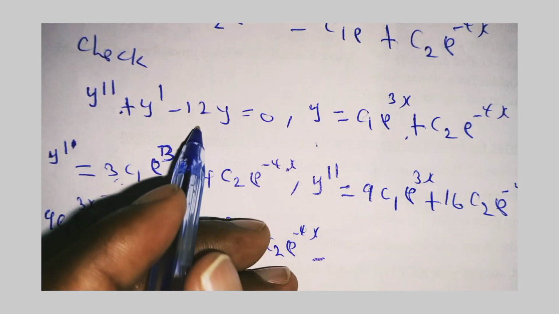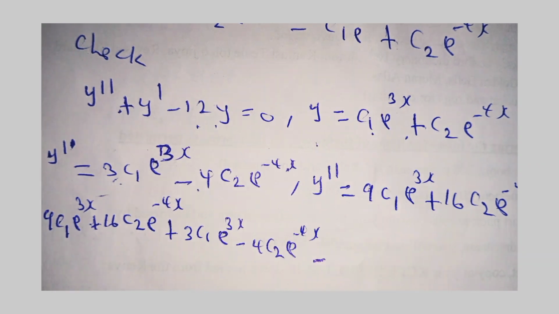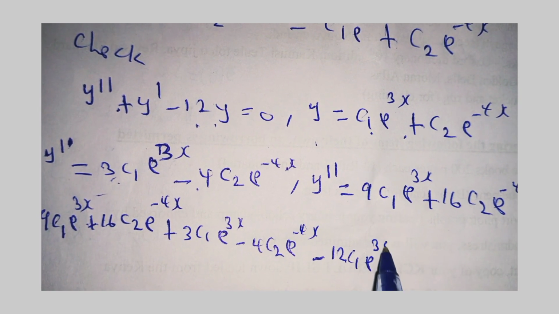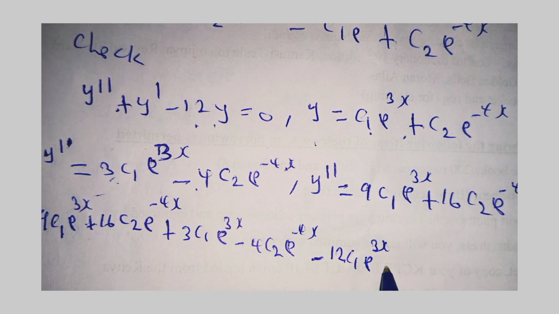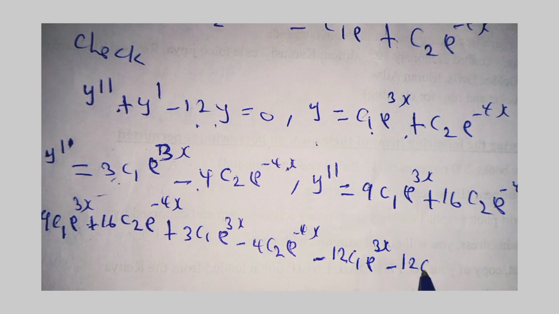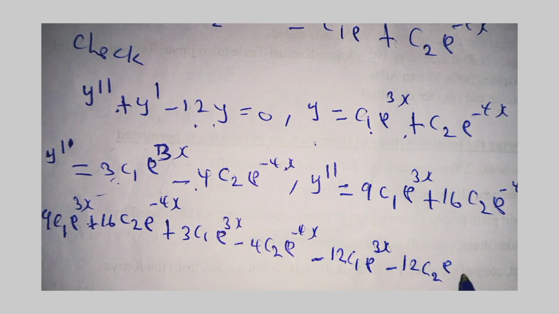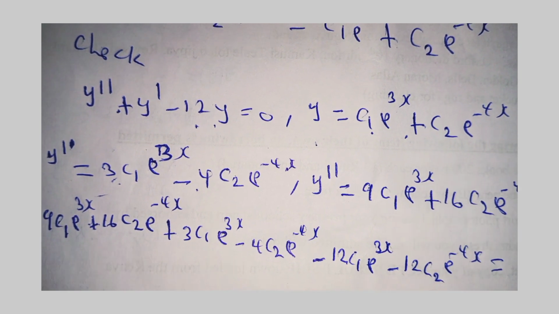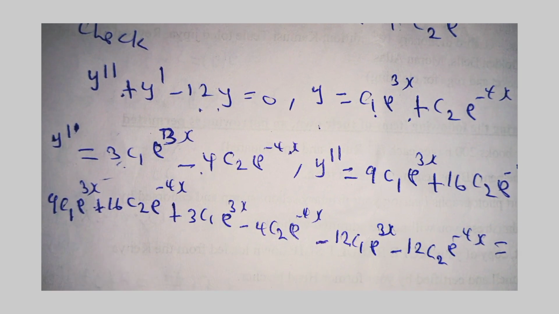Then minus 12y, which is 12c1 exponential 3x minus 12c2 exponential negative 4x. We are checking the working.